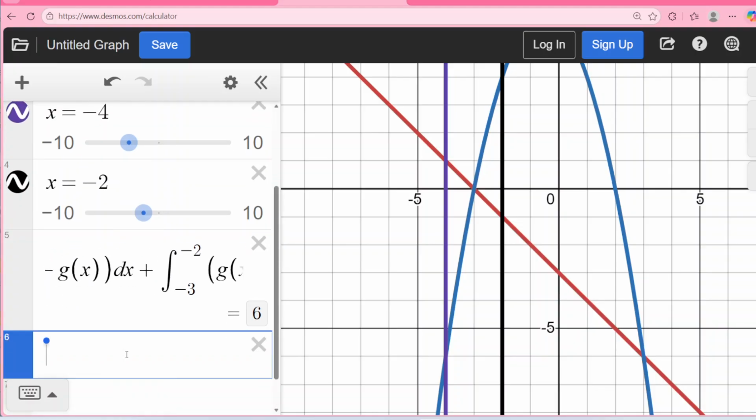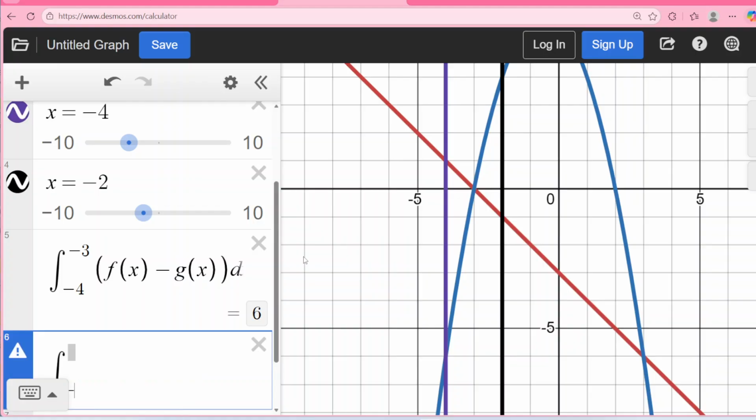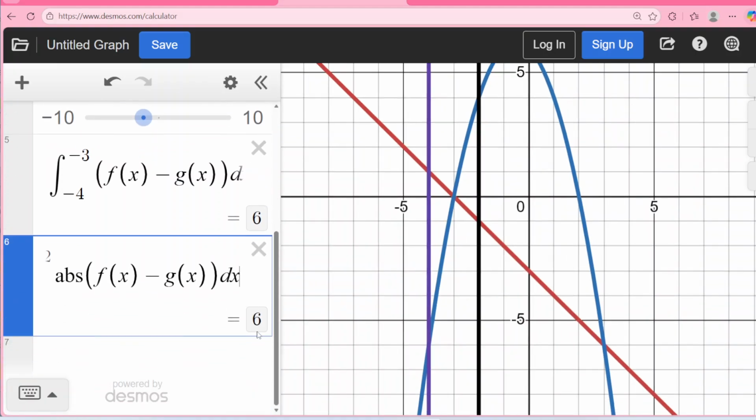Now something else you could do is do the integral of the absolute value of the difference of these two functions over this interval. So watch, you got the integral from -4 to -2 of the absolute value, which you just type in ABS of f minus g. And that kind of implies that you're figuring out where they cross and adding up the total area, right?